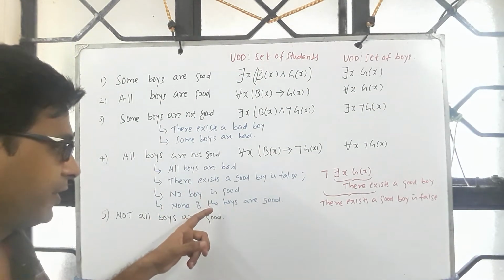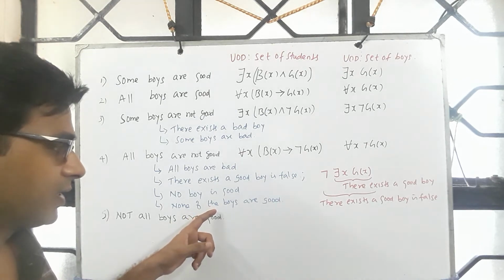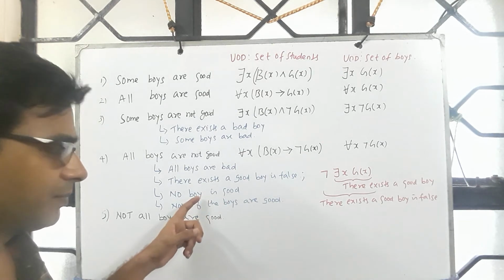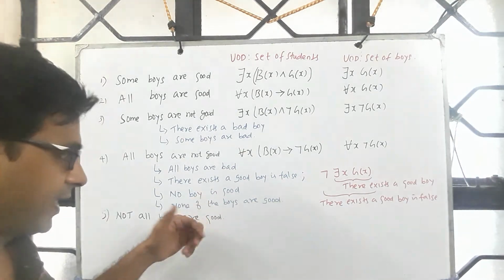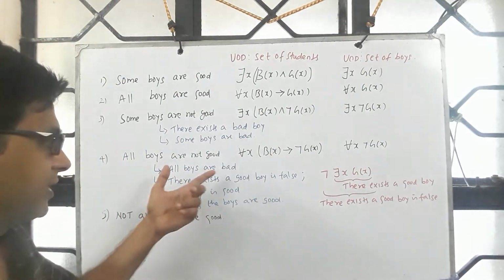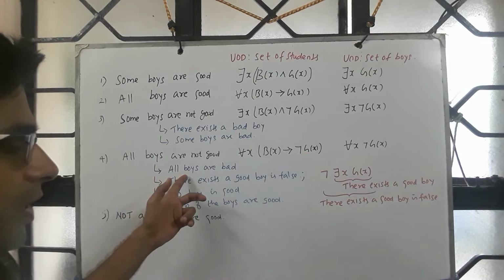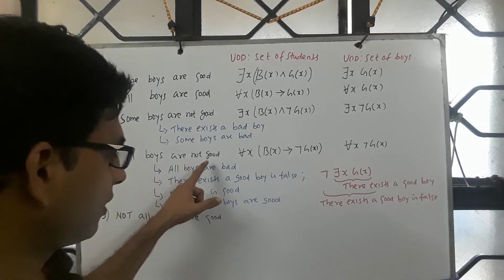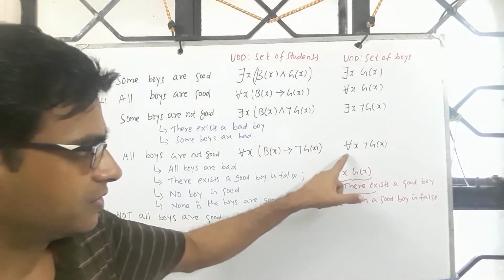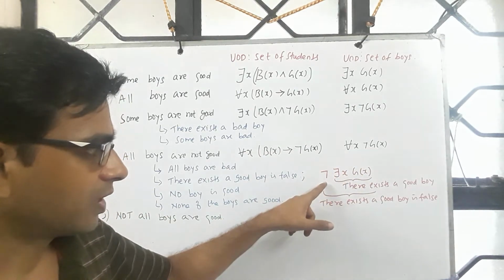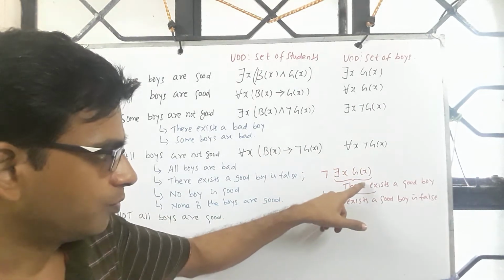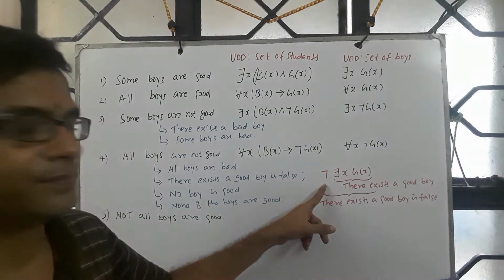I was actually telling you that there exists a bad boy and some are bad, but it actually conveys a strong message saying all are bad. So all boys are not good is equivalent to saying that there exists a good boy is false.